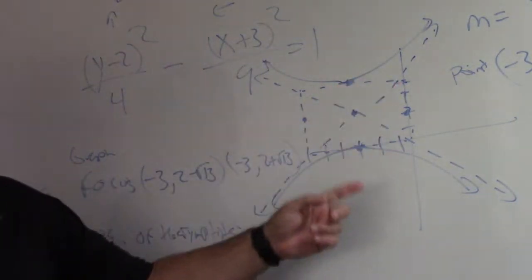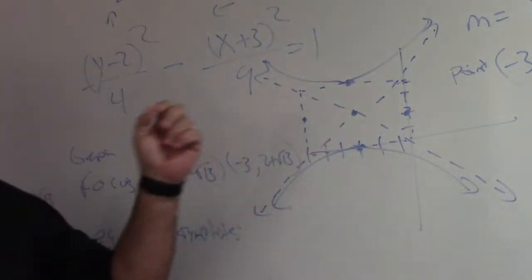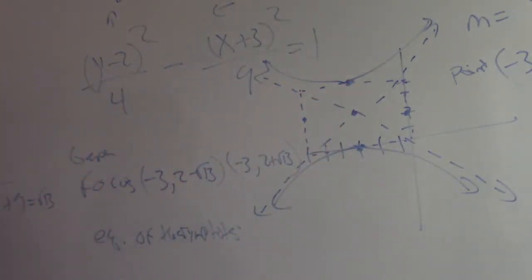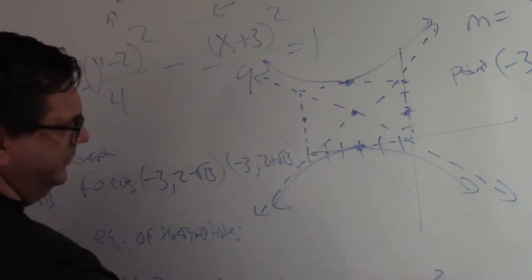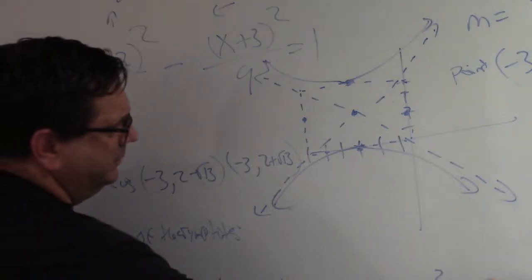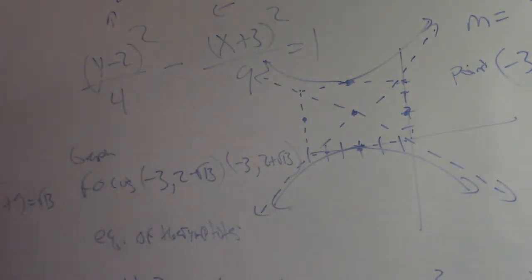Up 2 over 3, left 3. Right? So to get the asymptotes, it's y minus y1 equals m times x minus x1. Do you agree?